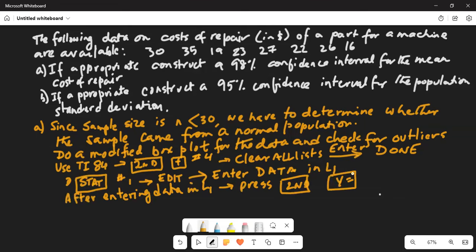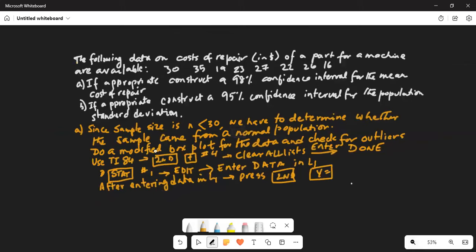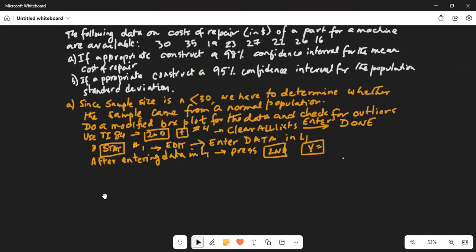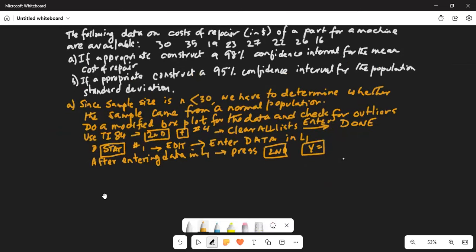Okay, so I press the second and Y equal to, then I select number 1.